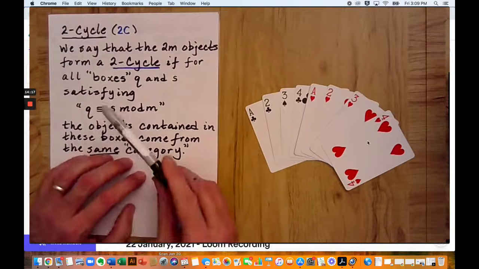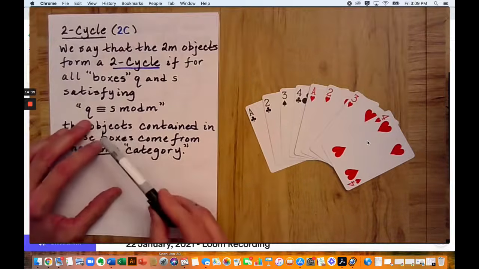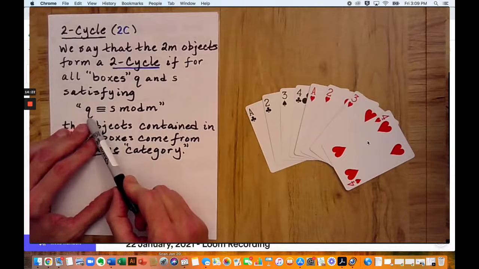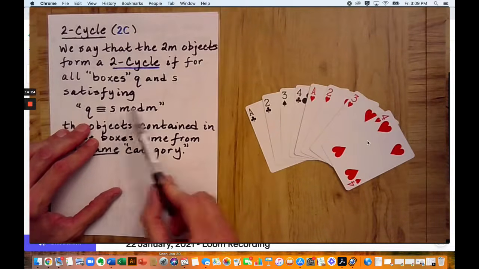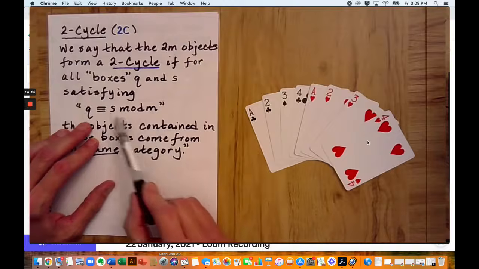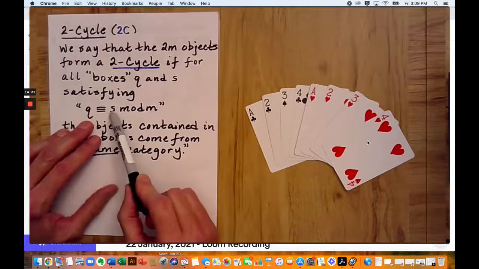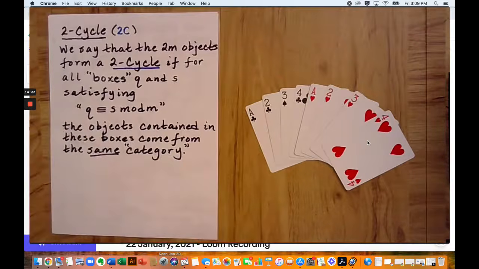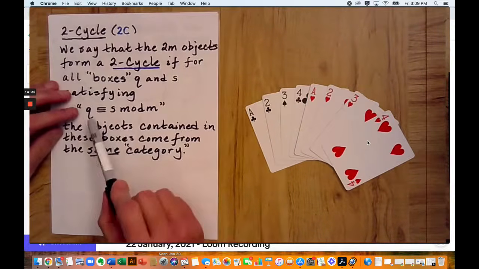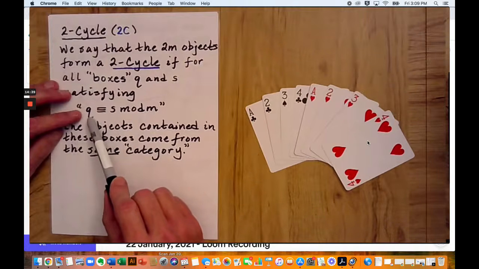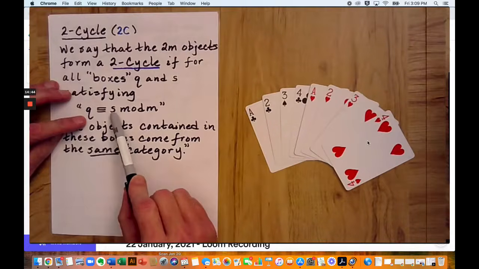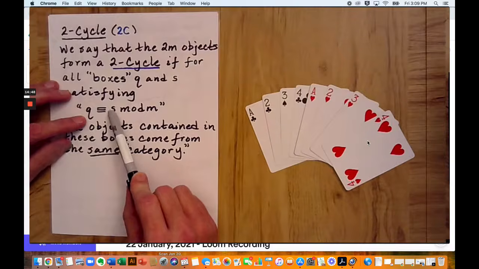Okay, now we have already talked about in class what Q congruent to S mod M is. So what does it mean to be Q is equivalent to S mod M? Well, it just means that the remainder when you divide Q by M, and the remainder when you divide S by M, those remainders are the same.